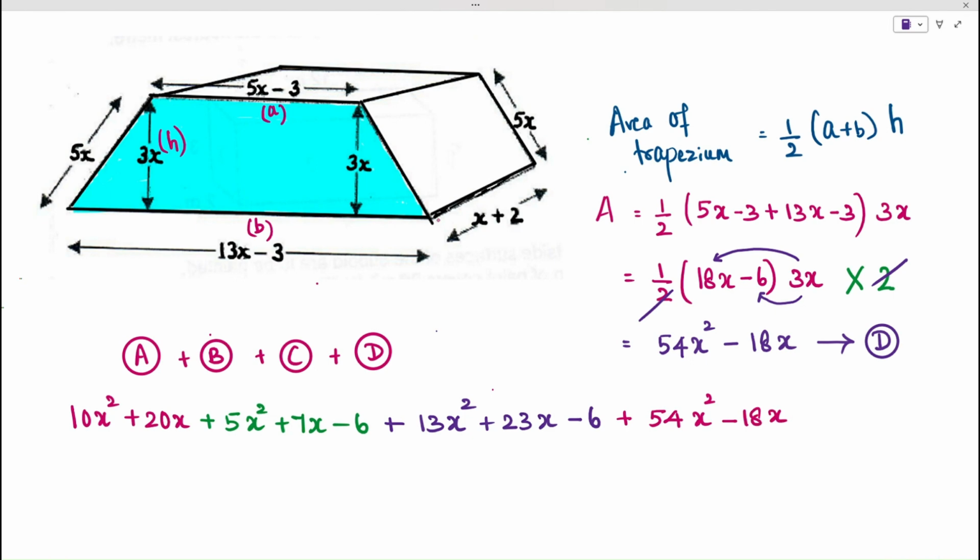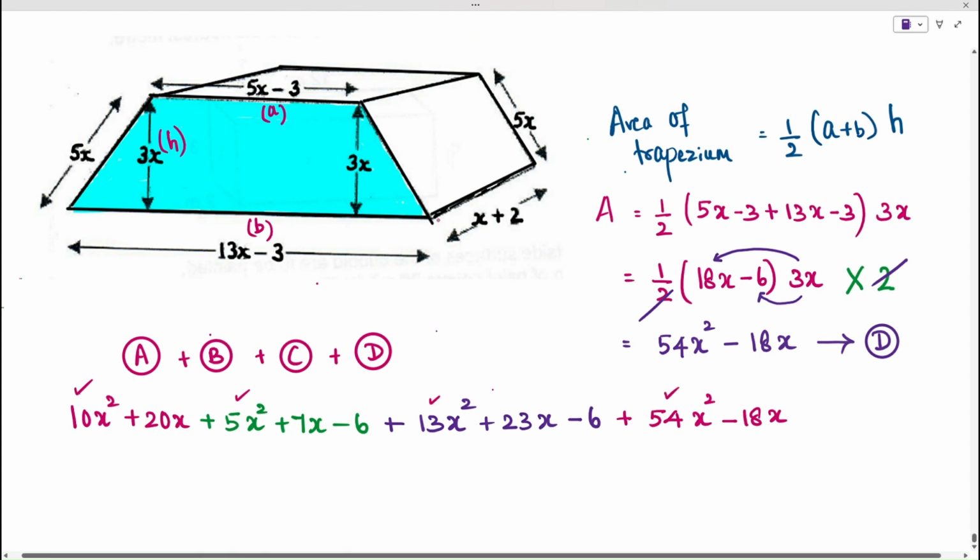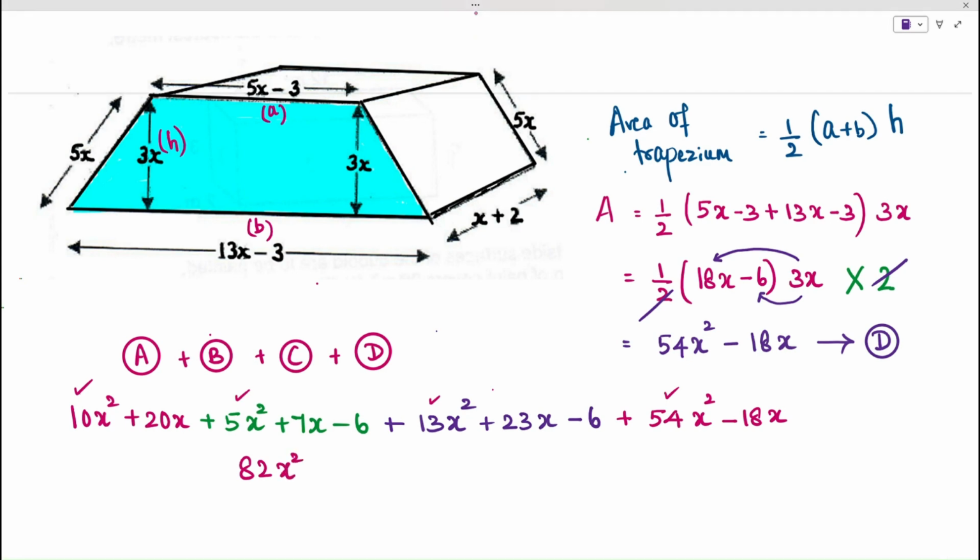Now, let's add all these terms together. Let's do our x squareds first. We have 10x squared, 5x squared, 13x squared, and 54x squared. When we add these all together, we get 82x squared. Now let's do our x's.